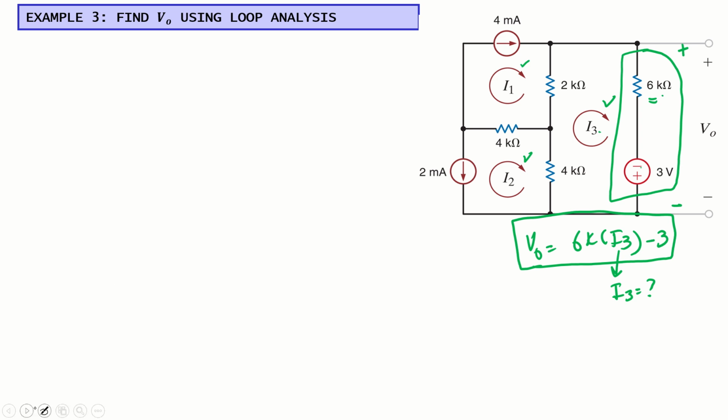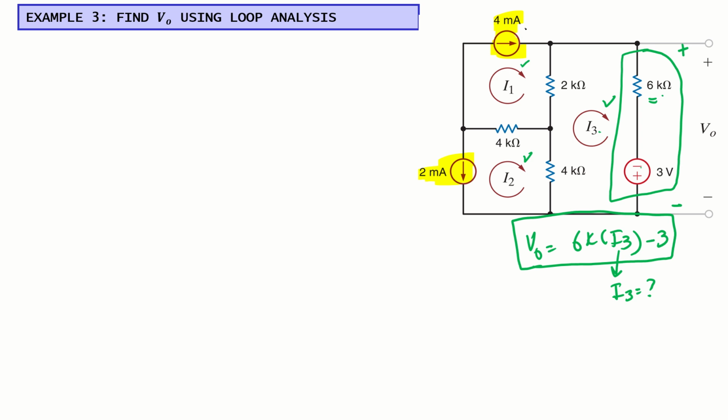Now the difference between this example and the earlier example is that here we have independent current sources. Once we have an independent current source in a loop, which is not shared between two loops, we can directly write that loop current based on it.